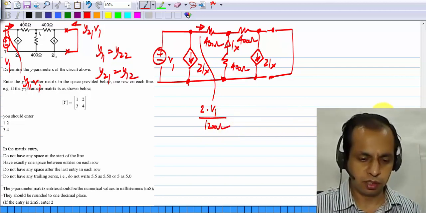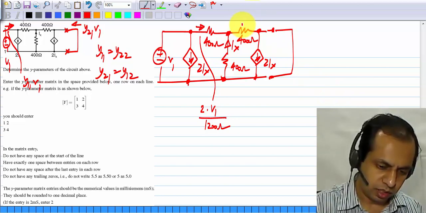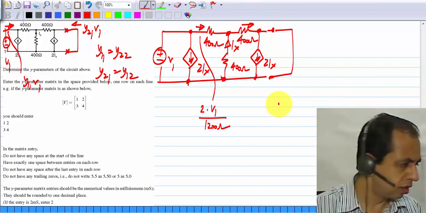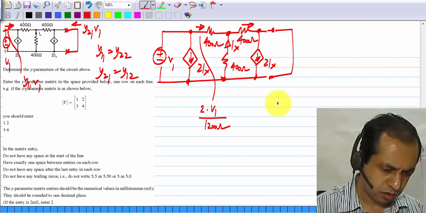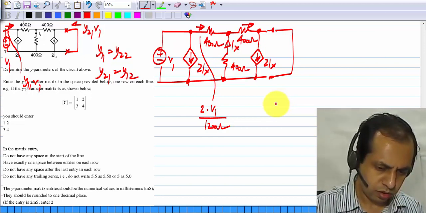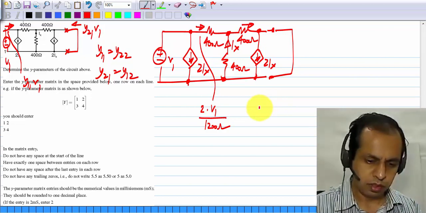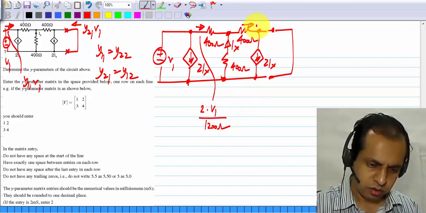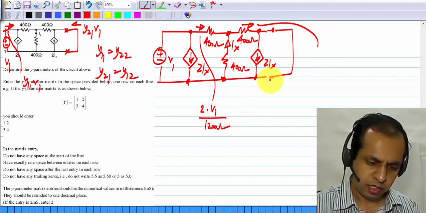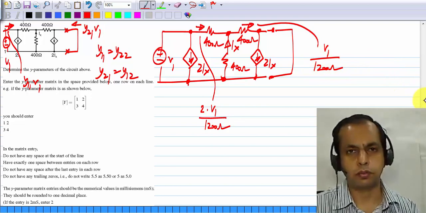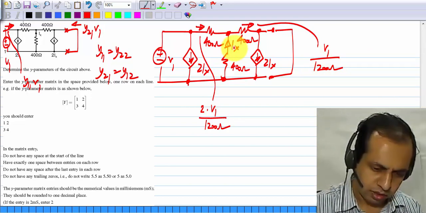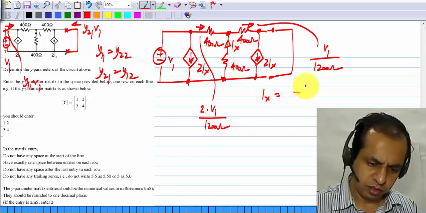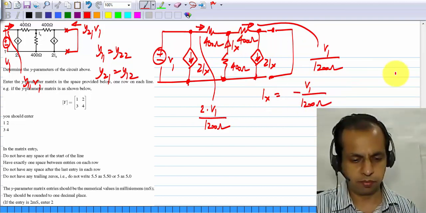So that's what the current is going to be, and the current here is half of that, which is V1 divided by 1200 ohms. And this Ix will be minus V1 divided by 1200 ohms because of its direction.